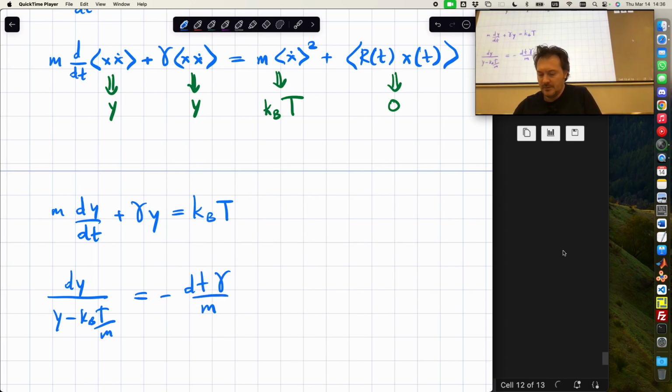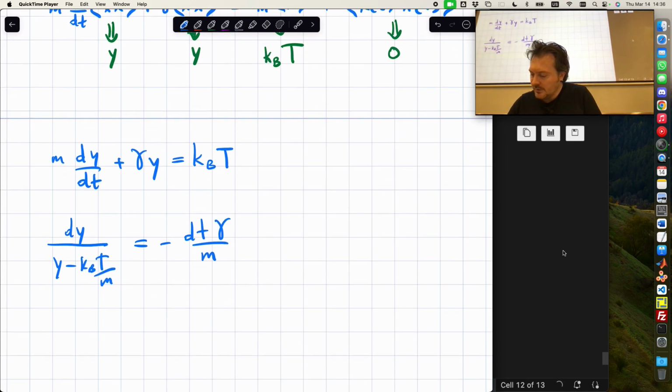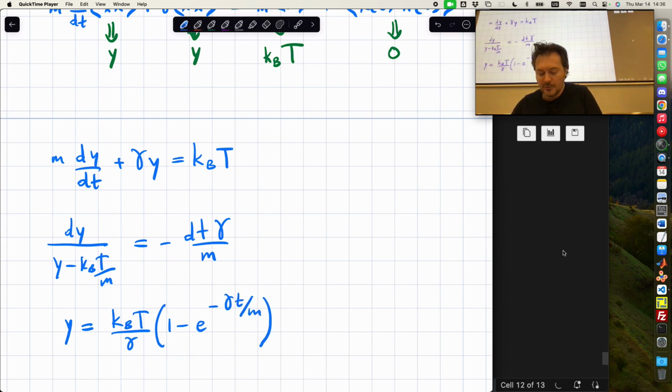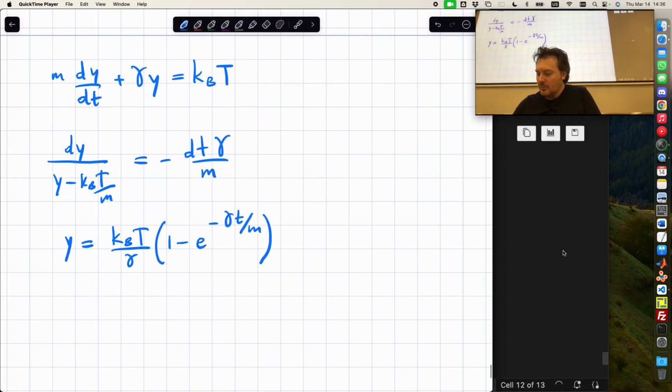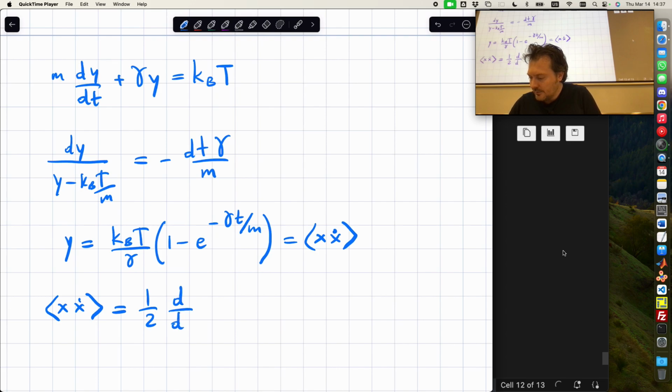Yes. So if you integrate it, y is kBT over gamma times (1 minus e to the minus gamma t over m). Almost there. Now what was y? y was x x dot. Can I say that x x dot expectation is 1/2 d over dt of the expectation of x squared?